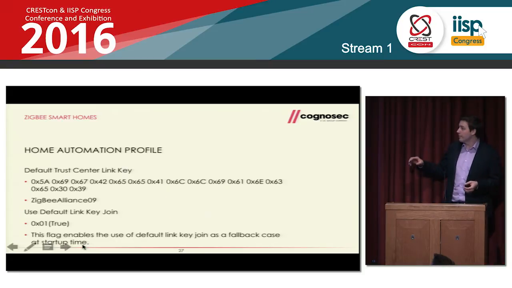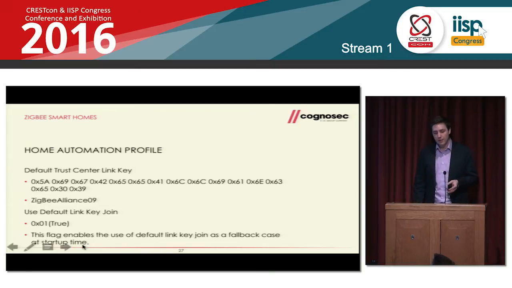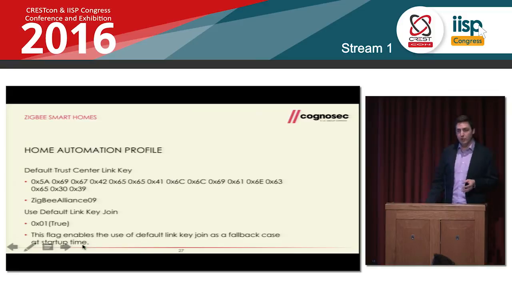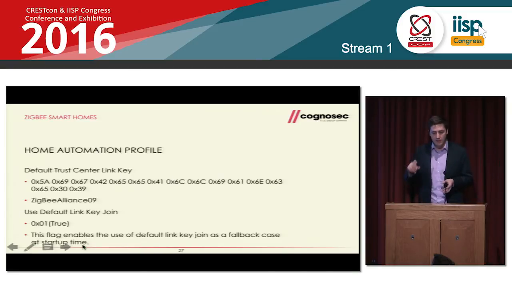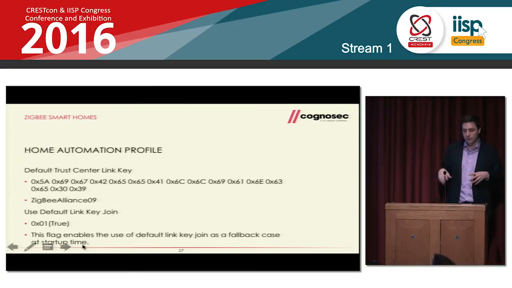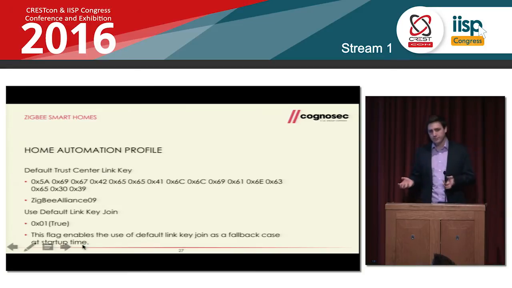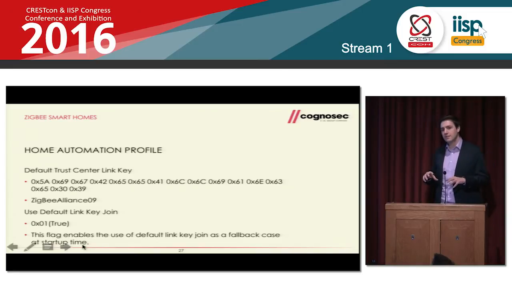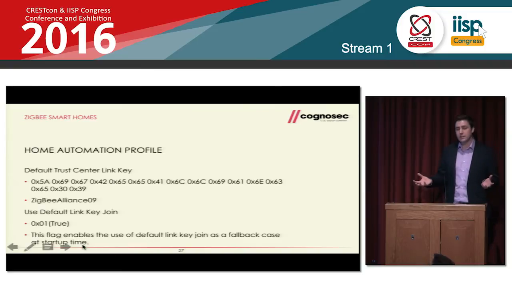As the presentation is focused on smart homes, the most interesting is obviously the home automation profile. From a security perspective, there are two attributes in there that are very interesting. They define a default trust center link key. What's that? In the past, ZigBee did the initial key transfer unencrypted.